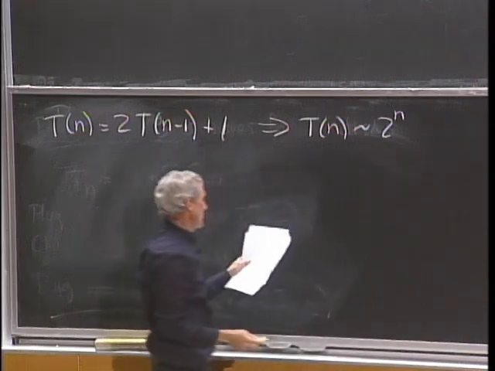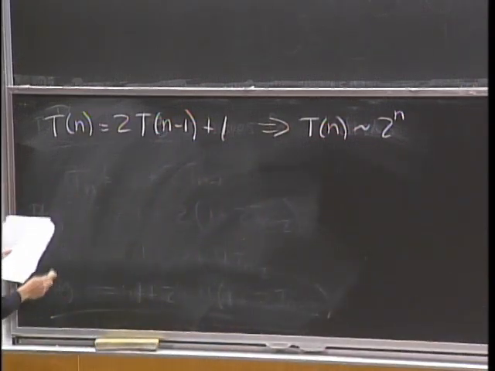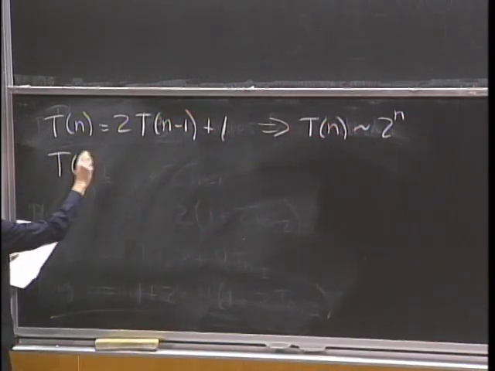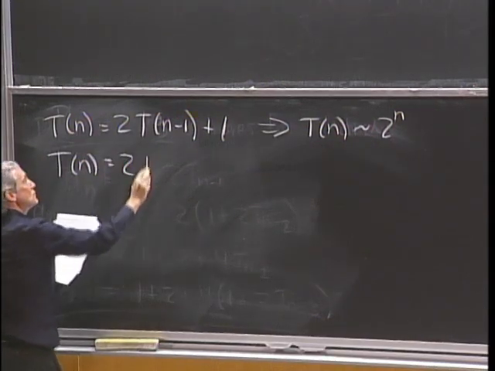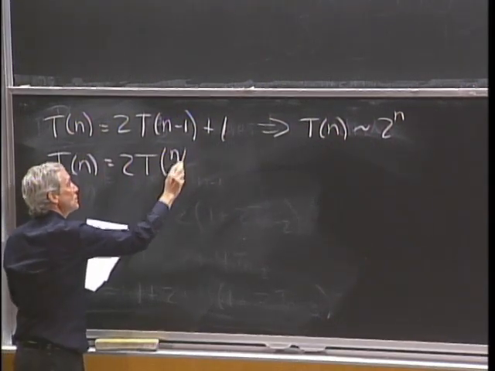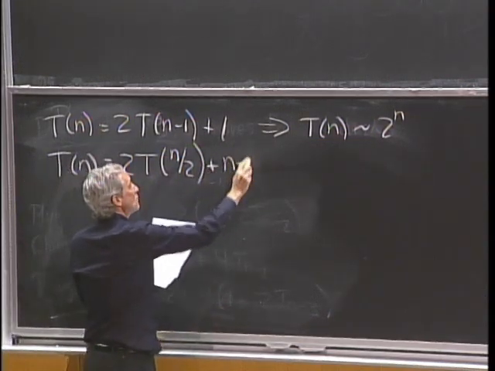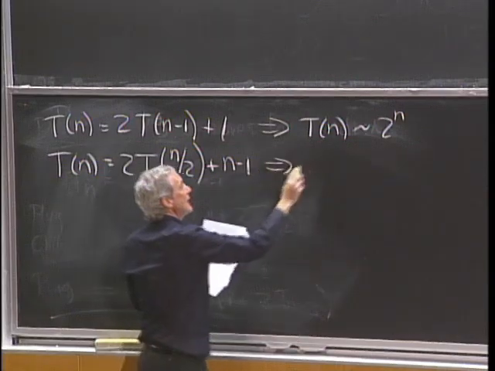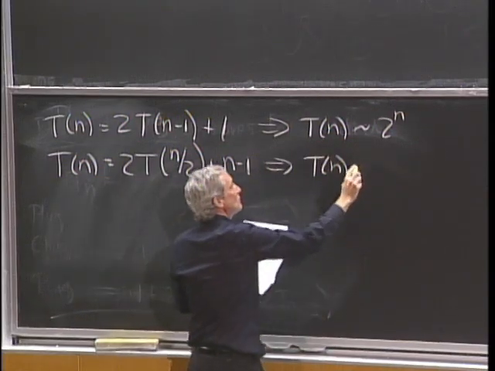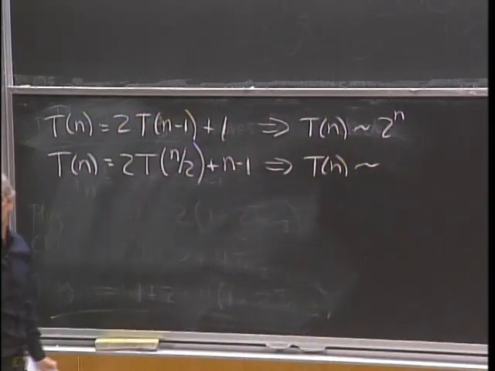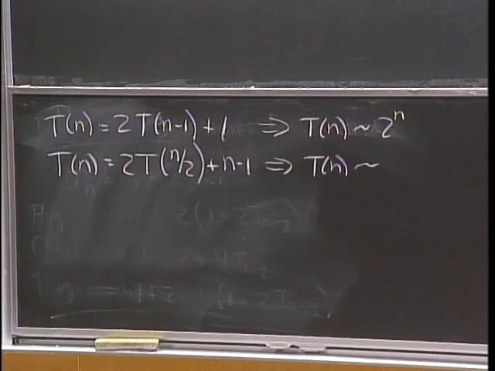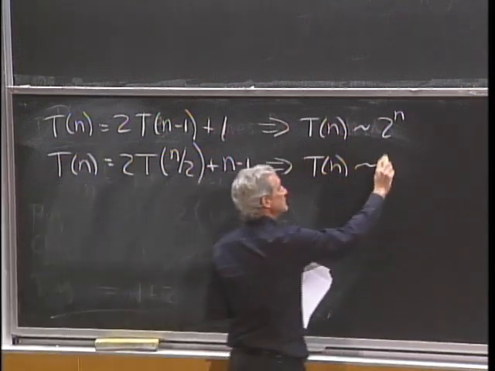It was actually 2 to the n minus 1. Then we did merge sort, which is T of n equals 2T of n over 2 plus n minus 1. And the answer, what's the tilde for this one? For merge sort, n log n. I can forget the rest if I'm doing the tilde.